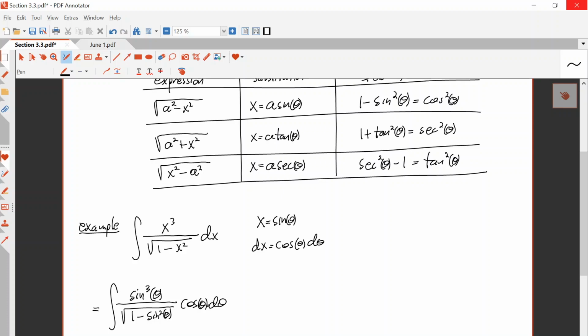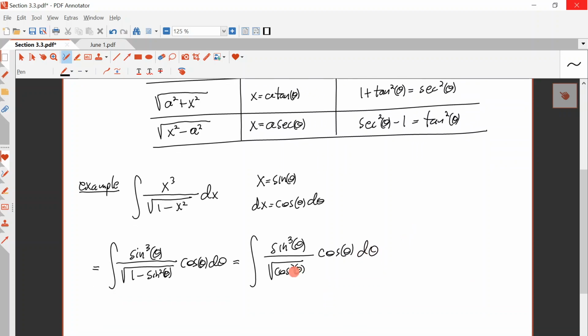All right, so now let's apply that identity. Sine to the third theta, and then 1 minus sine squared is cosine squared theta. All right, and the square root of cosine squared is equal to, well, not cosine, but it is the absolute value of cosine theta up here.